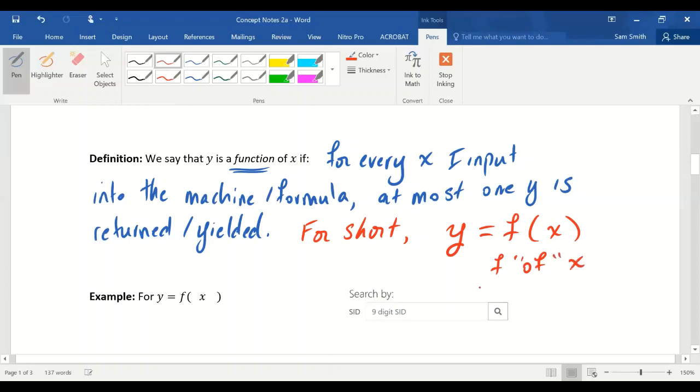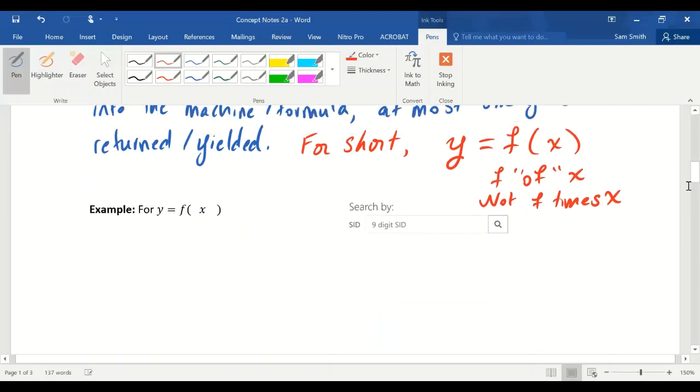Beware, this is not f times x. This is not meant to suggest that f and x are being multiplied together.